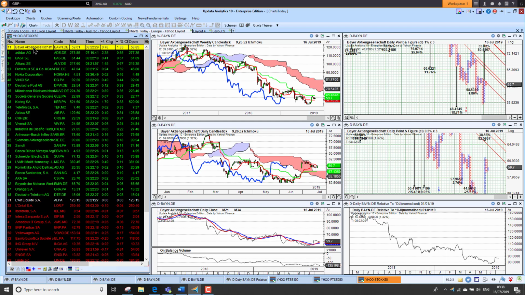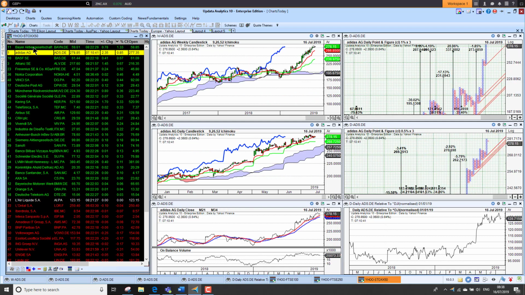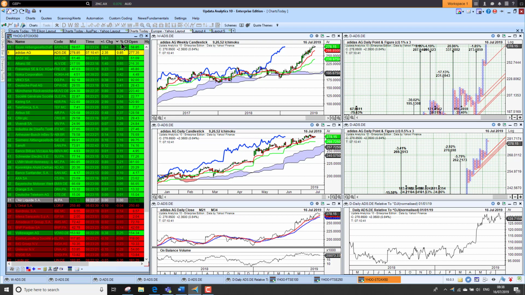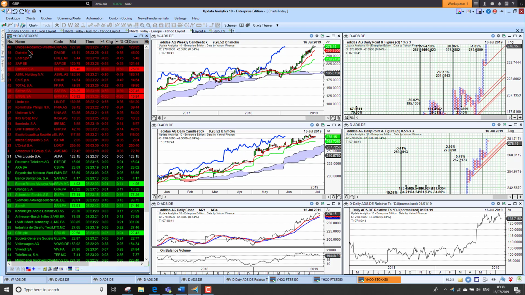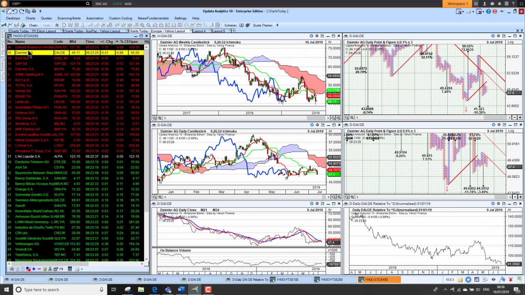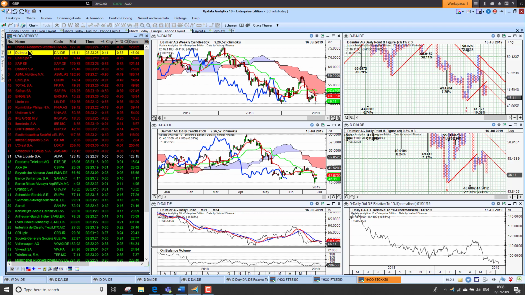Not looking great on the chart still though. Adidas in Germany are a great looking chart, and they're up 0.8%, so we are seeing quite a strong performance there. 28% outperformance on the Dow Jones index this year, so looking pretty good there. And then looking at the downside, I've got Daimler Group. So we're seeing BMW are up, Daimler are down just under 1%.